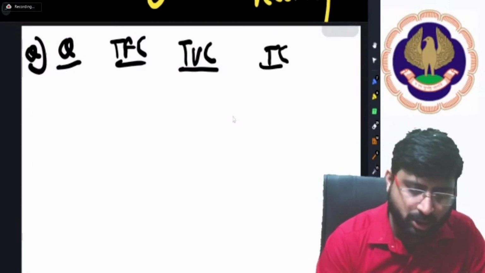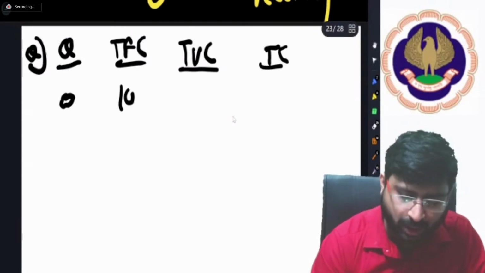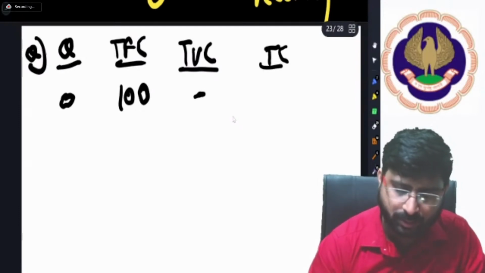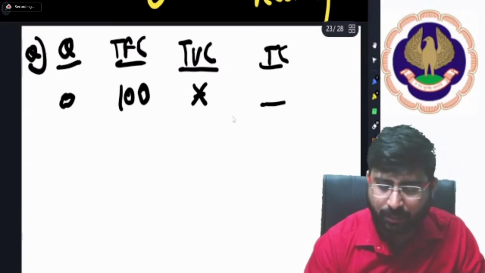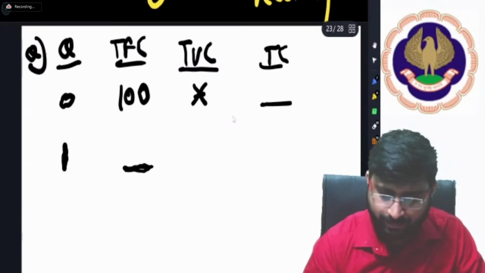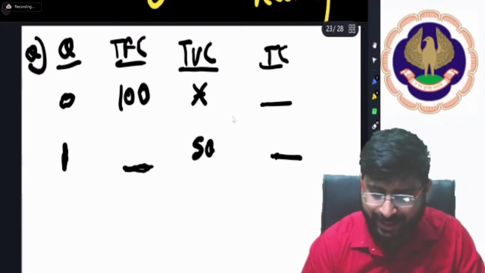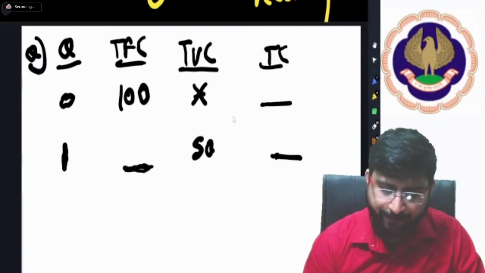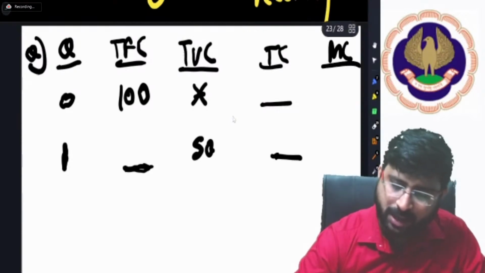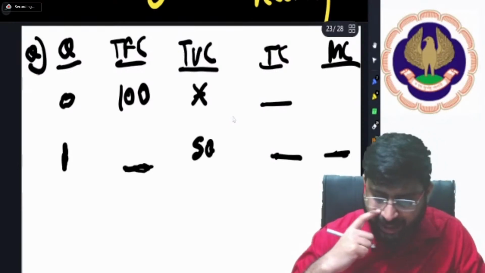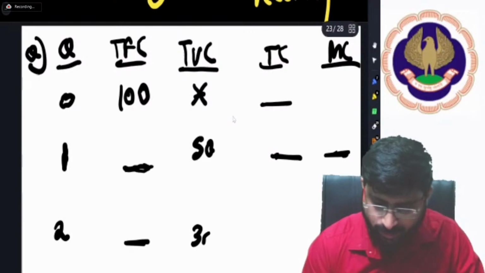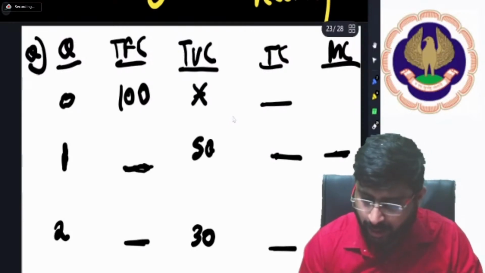You have been told 100. Nothing applicable here, a dash sign. Now, marginal cost, here there is a dash sign.